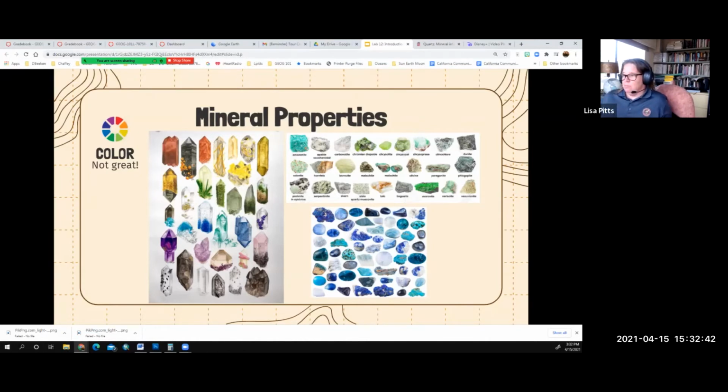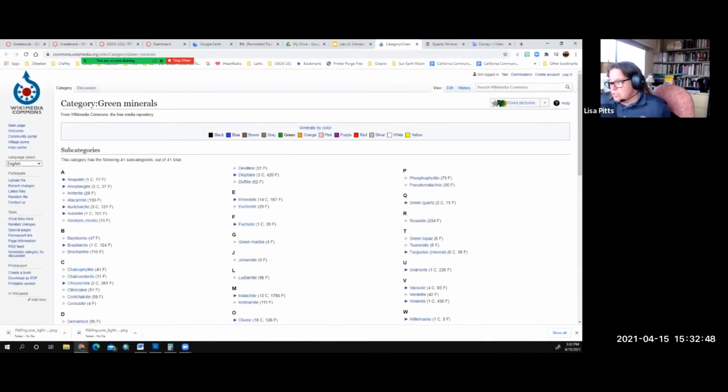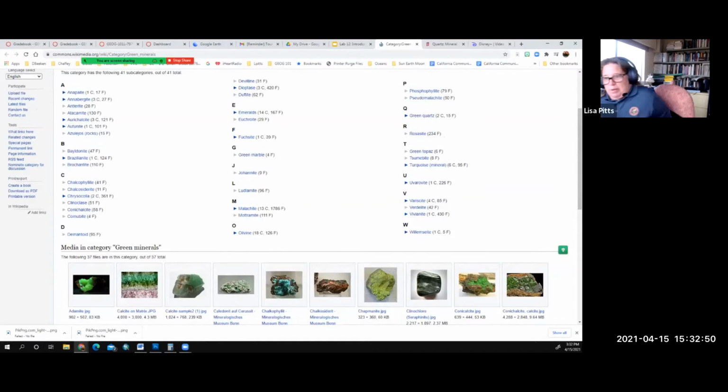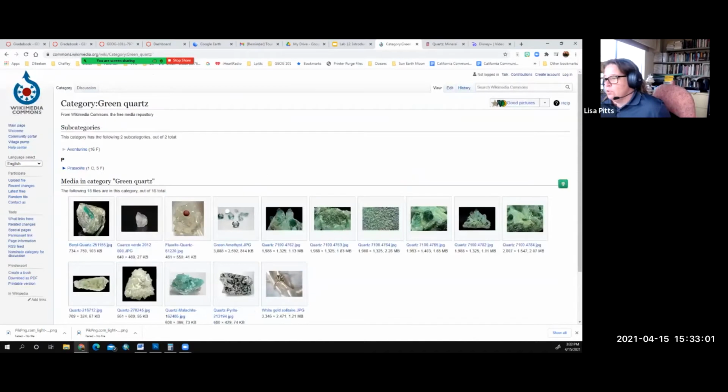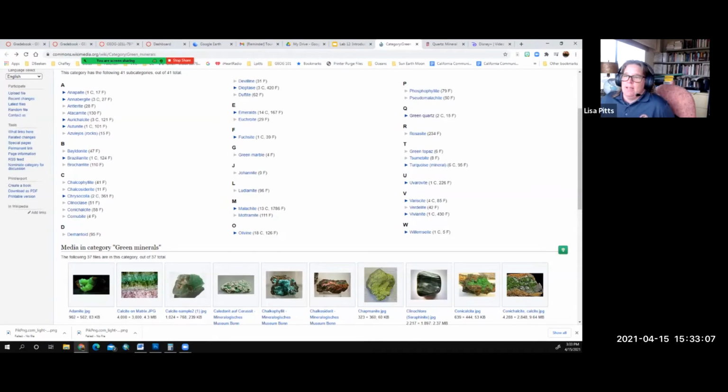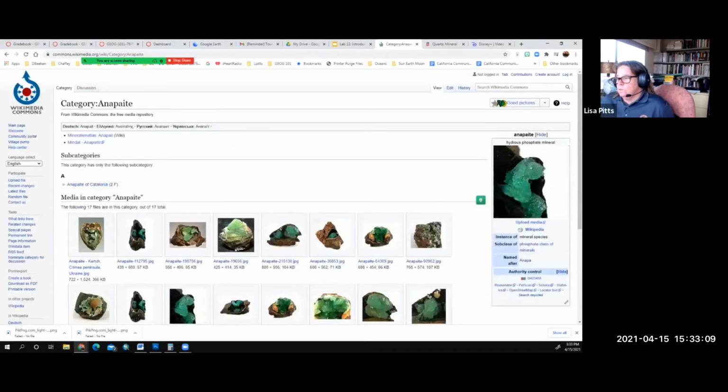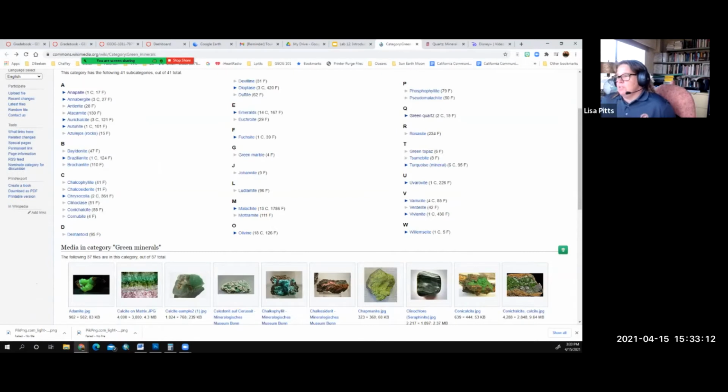And then it wants you to talk about green minerals. Again, there's a link or a QR. These are all green minerals. I think it wants you to pick 4 of them. It's called green quartz. I like that. So this is what green quartz looks like. There's apatite, but you can write down any of these: emeralds, dioptase, aurichalcite.